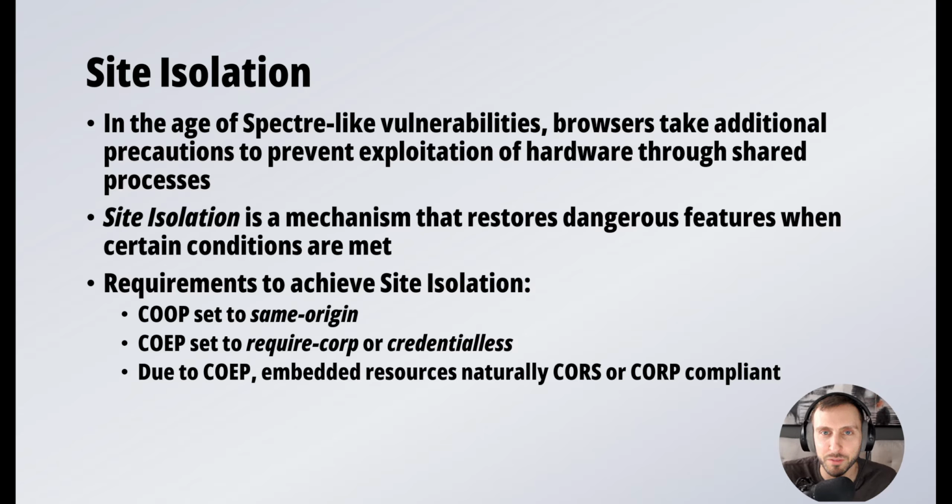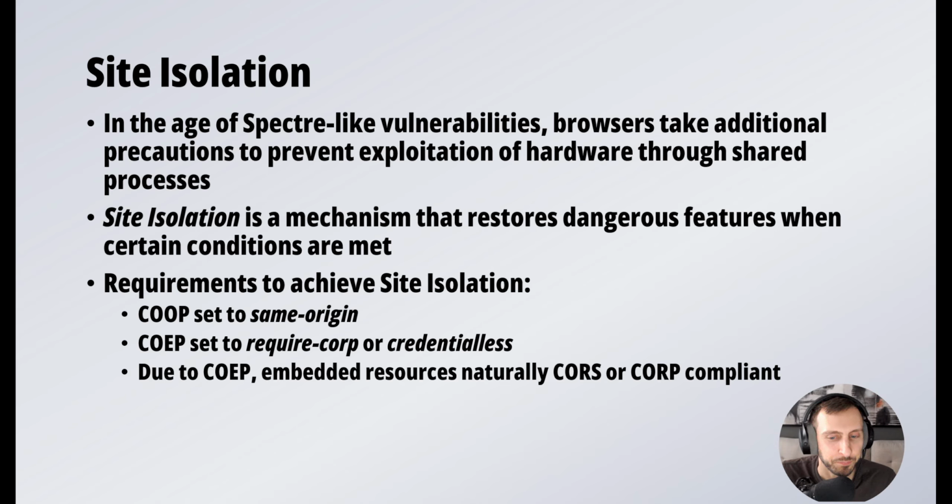And if that all is very confusing, I apologize for that again. Maybe I'll do a session on this in the future. But it was worth mentioning because we talked about the actual mechanisms. So ultimately, to achieve site isolation, you have to have COOP set to same-origin. You have to have COEP set to require-corp or credentialless.